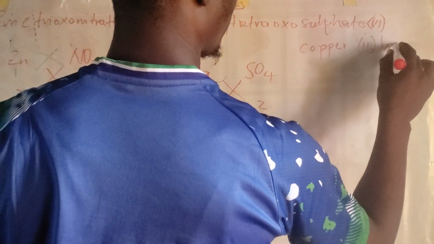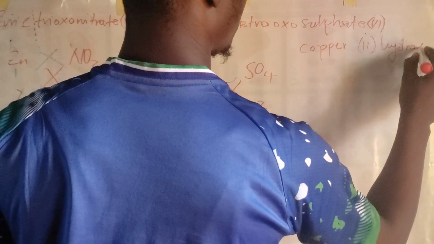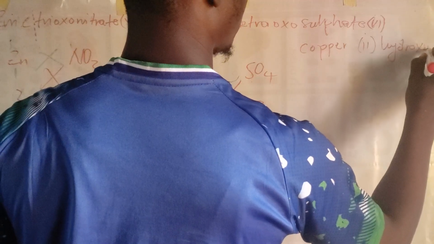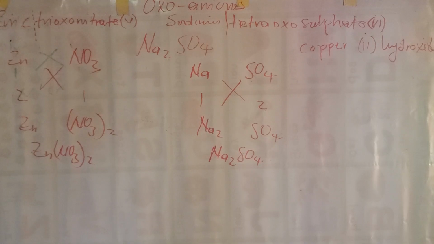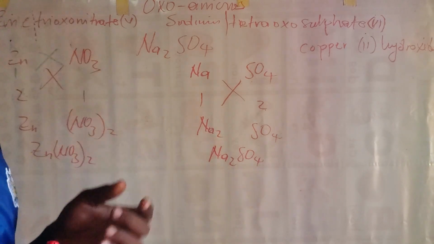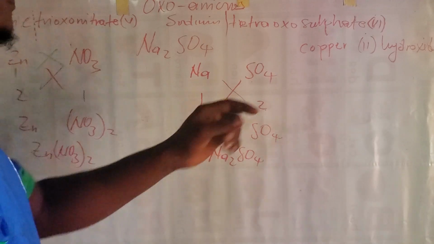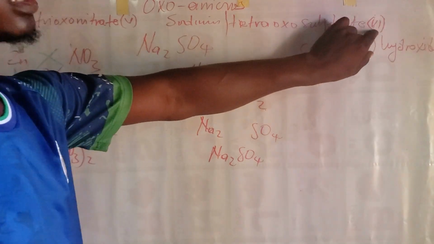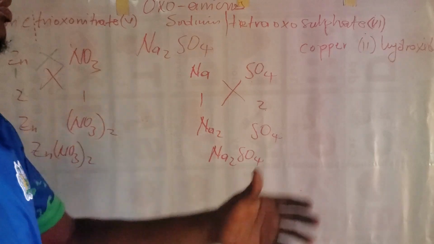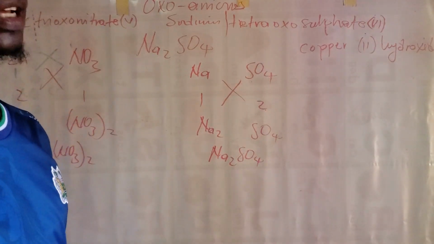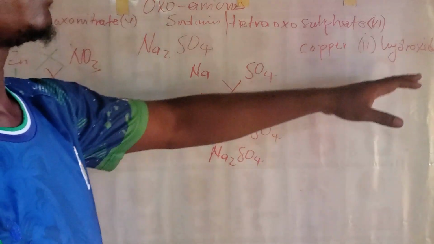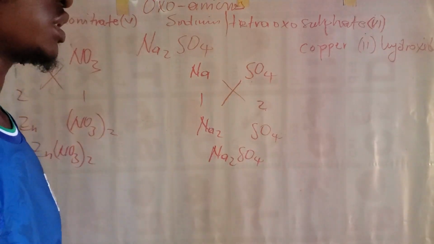Earlier on in our previous video, I told you that if you see a number in bracket just after the metal, that number represents the valency of that element. Of course, you have here a radical, which is hydroxide.